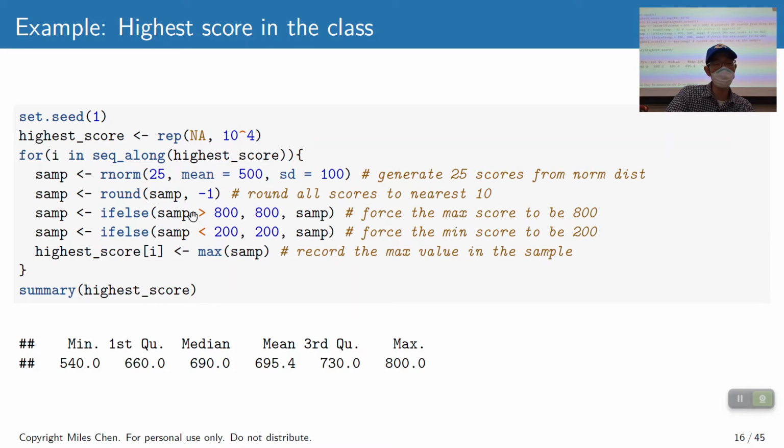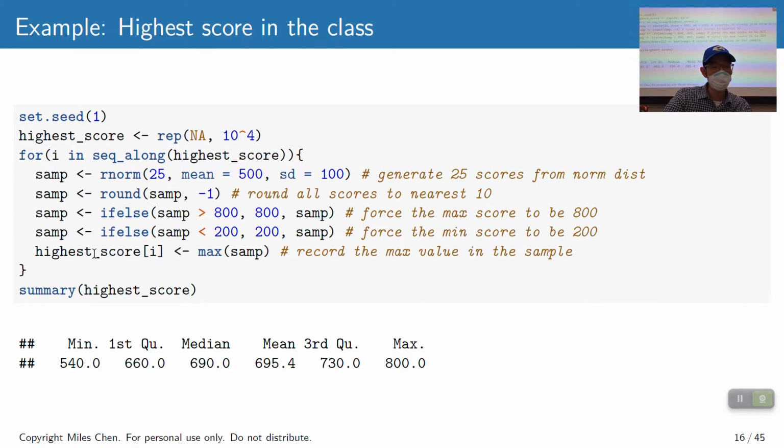I'm going to convert them all into SAT scores by rounding them and capping the max at 800 and the min at 200. Then for each sample, repeating this 10,000 times, I'm going to find the maximum value, the highest score in this classroom of 25, and store it in highest_score.